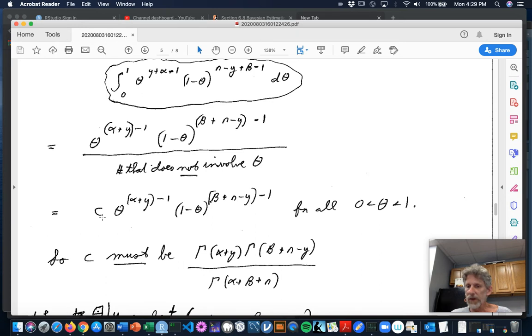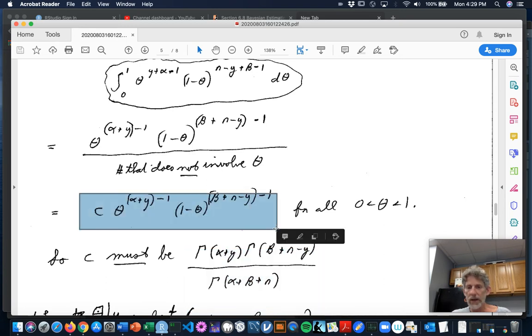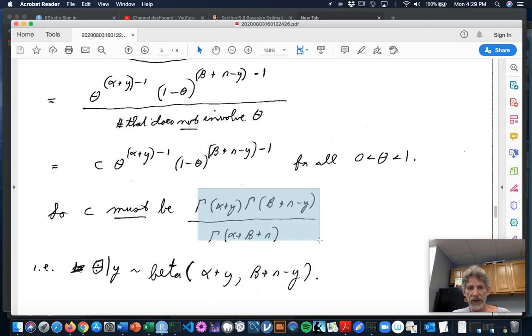When you integrate, theta goes from 0 to 1. They're both going to have to integrate to 1. And so you can't have this be any different than whatever constant stuff came in front in the PDF for a beta. Therefore, this stuff must be that stuff. This must have been the beta distribution all along. And it had this extra stuff in front because that's what goes in front: first parameter and second parameter put together.